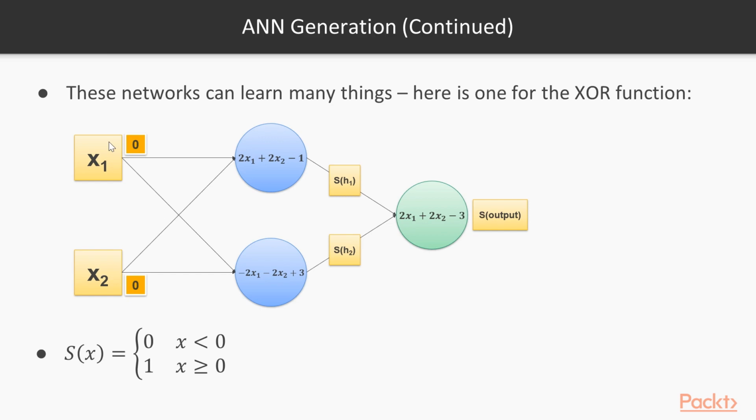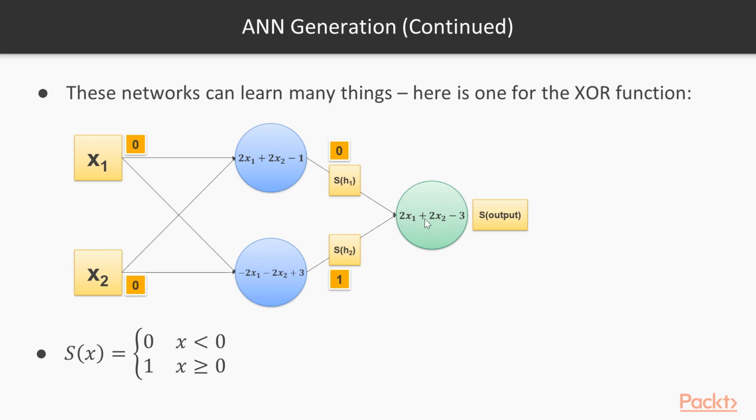So let's take a few examples. We're given 0 and 0, and we'll have to output 0 for this, because 0 XOR 0 is 0. If we plug in the values here, 2 times 0 plus 2 times 0, minus 1, s of minus 1 is equal to 0. So this hidden unit will output 0. And this hidden unit will output 1, because the result of this computation will be 3, and s of 3 is 1.